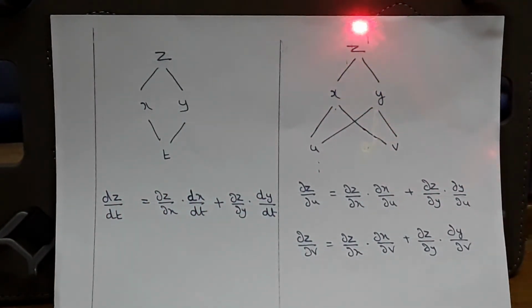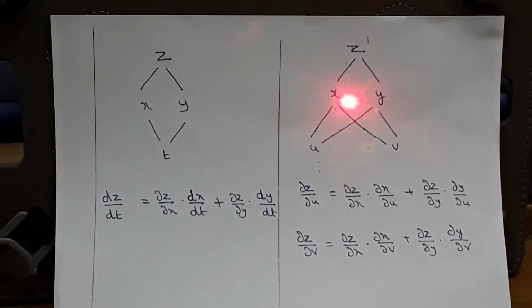Next you see, here z is a function of two variables x and y. The two variables are also functions of another two variables u and v. So finally z is a function of u and v, so here we have to apply the partial derivative only. ∂z/∂u is equal to ∂z/∂x into ∂x/∂u.